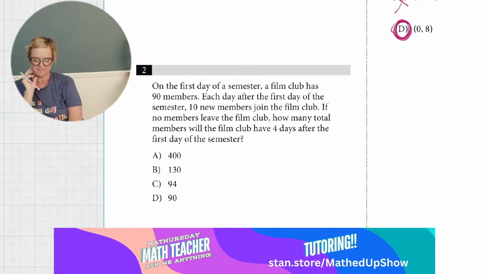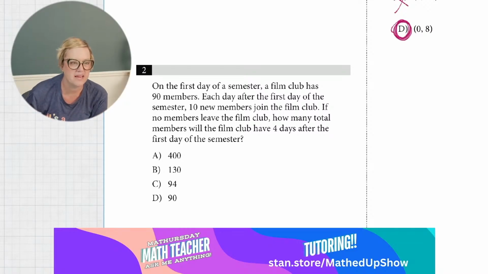Okay, so we've got lots of people saying it's B, and then we've got how is it B? We'll get into how we get the answer for this one.